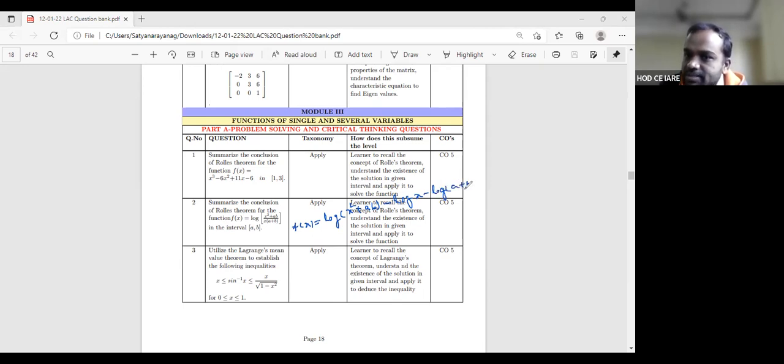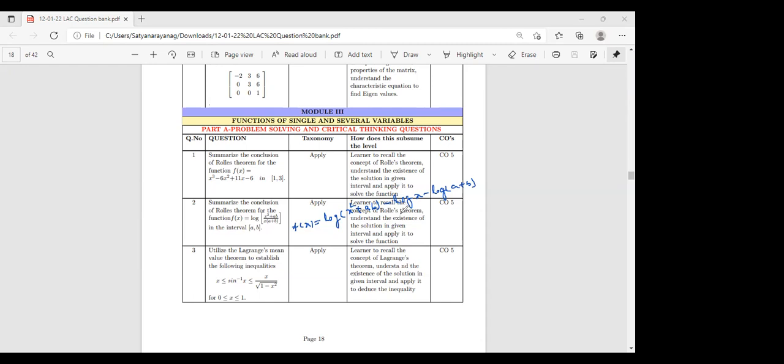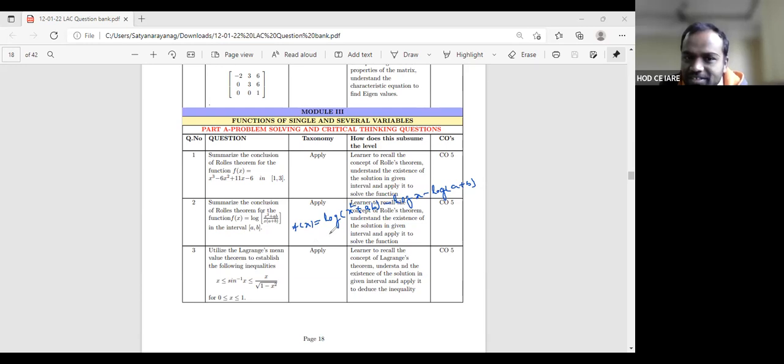Here also we can use the same conditions. It is a composite function, continuous in the closed interval of a comma b and differentiable in the open interval of a comma b.